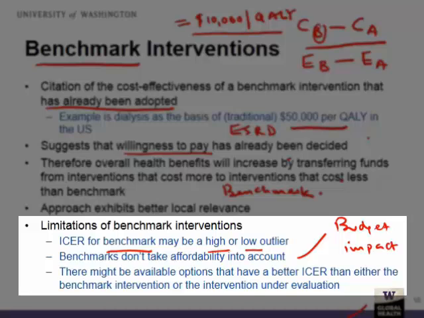And there might be available options that have a better ISA than either the benchmark or the intervention in the evaluation, and so the benchmark doesn't provide a good way of deciding whether an intervention is cost effective or not.